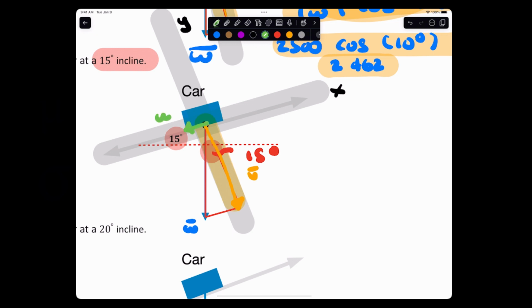This is my U vector. So to get the complement of 15, isn't that 75 degrees? Right? You say, what's the angle between W and U now? Right in here, that'll be 75 degrees.